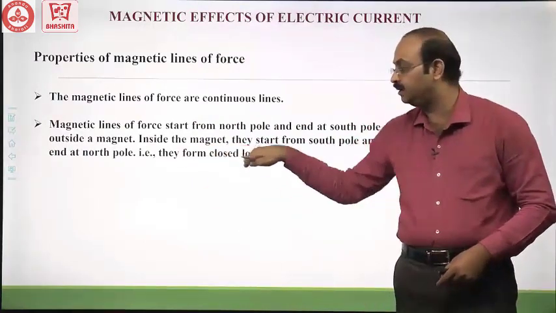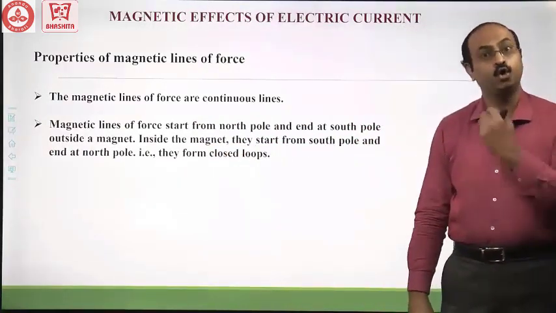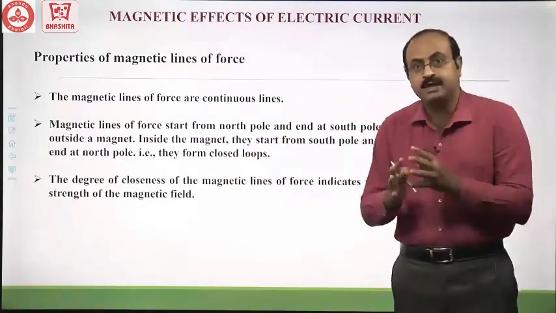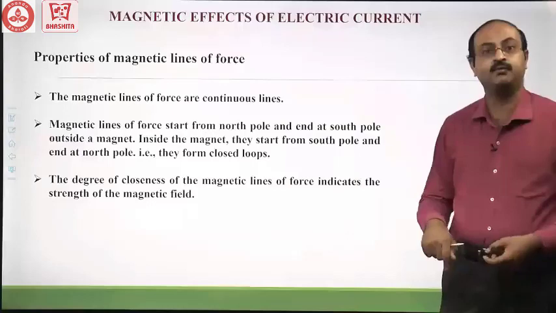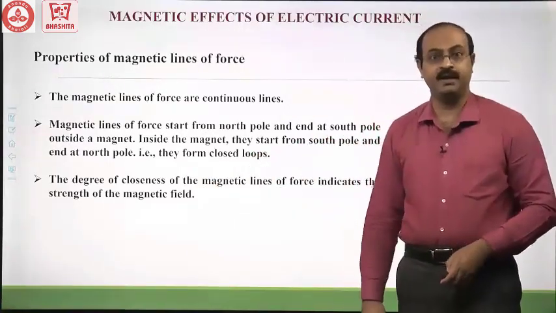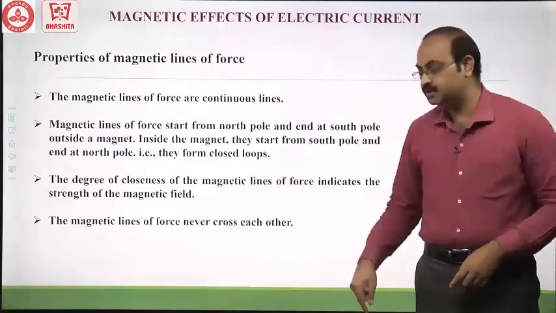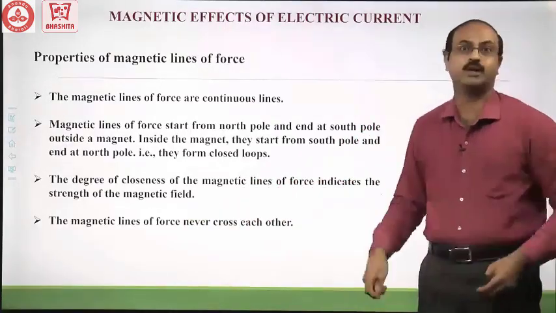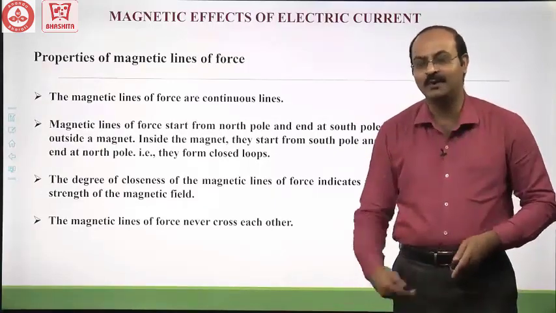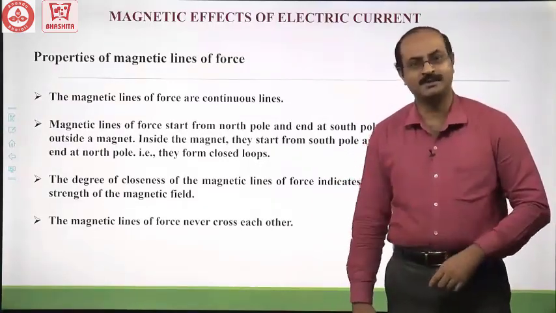So, clearly they form closed loops. The degree of closeness of the magnetic lines of force indicates the strength of the magnetic field. The magnetic lines of force never cross each other. Why? That is for you to find out as you go through these concepts.